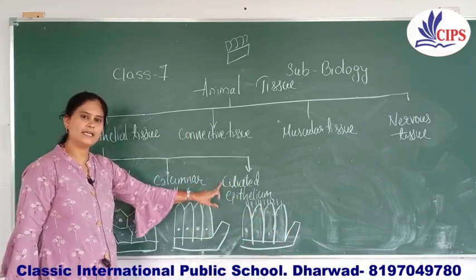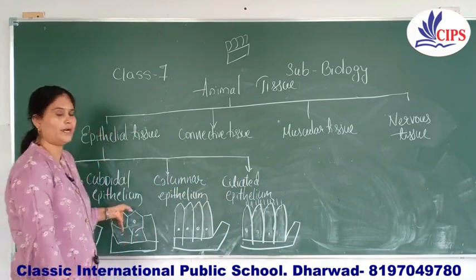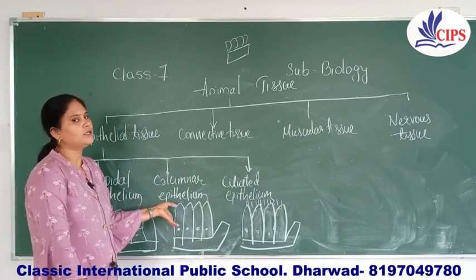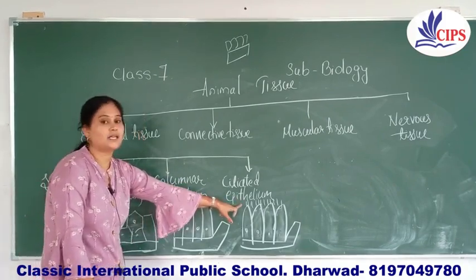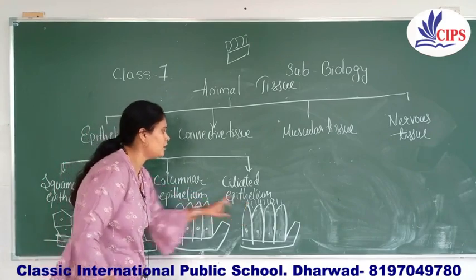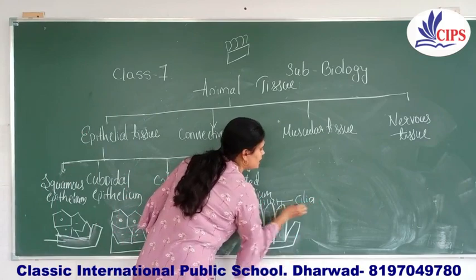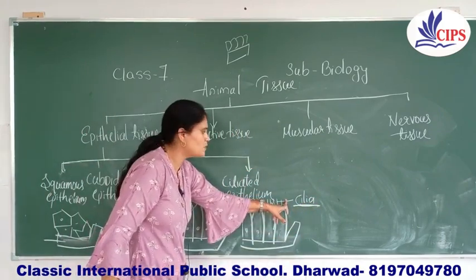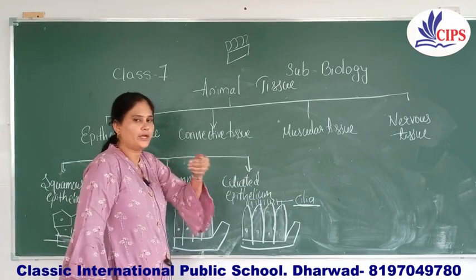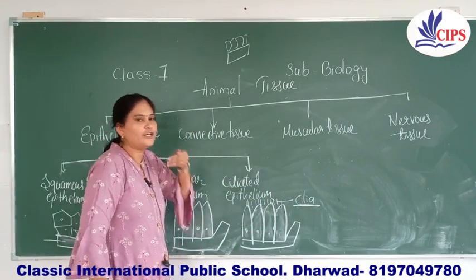So the ciliated epithelium may sometimes be cuboidal in shape or column-like in shape, but these cells have hair-like structures called the cilia, and these cilia are mainly responsible for movement. It helps in the movement of the food.